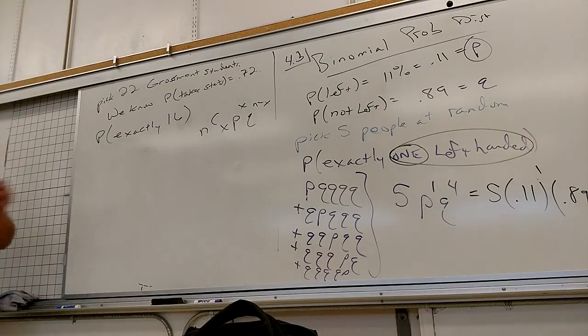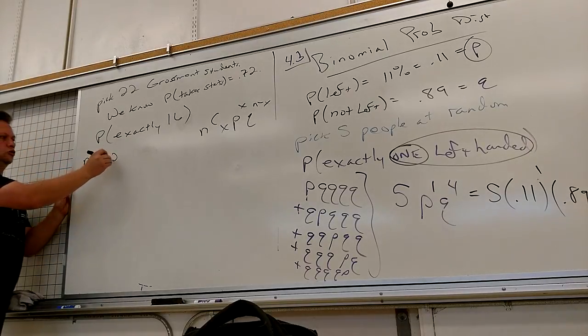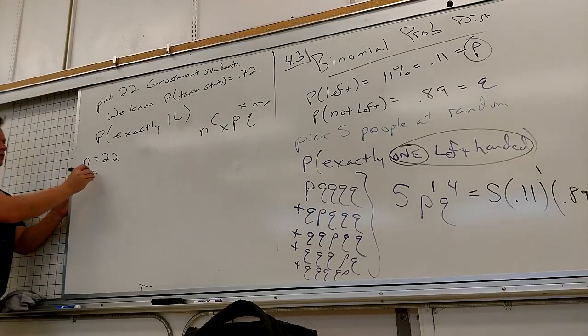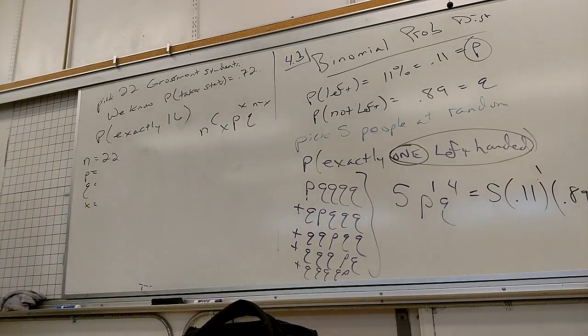So let's find this. What's n? 22. Total number I'm talking about. What's p? Nope. What's 16? 16 is x. X is the number of successes.